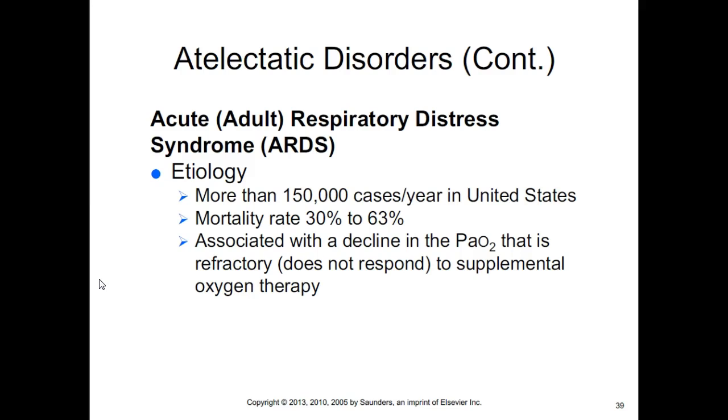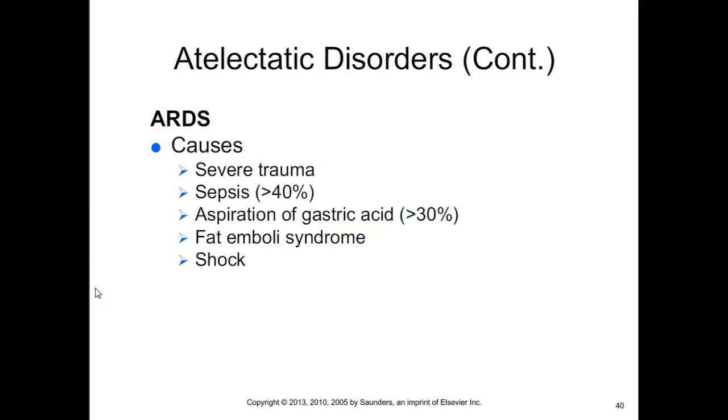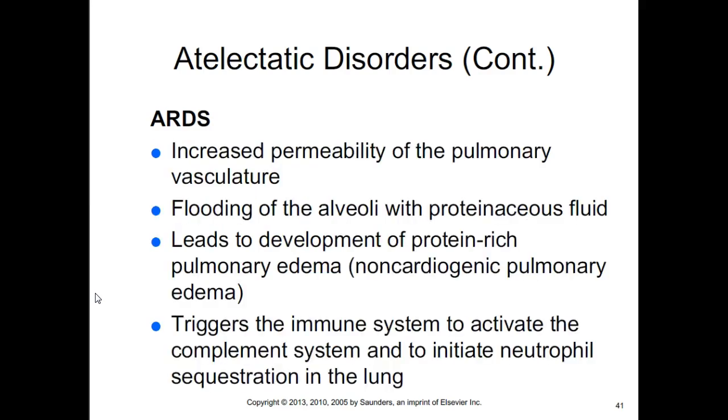So there's a decline in the partial pressure of oxygen that is refractory, which means it does not respond to supplemental oxygen therapy. Some causes include sepsis, severe trauma, aspiration of gastric acid, fat emboli syndrome, and shock. Right, so increased permeability of the pulmonary vasculature, with the proteinaceous fluid filling the alveoli, leads to a protein-rich pulmonary edema.